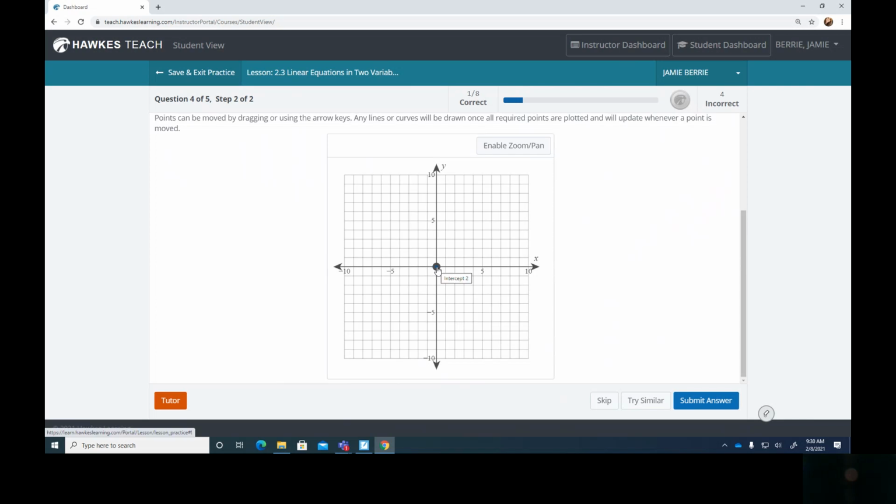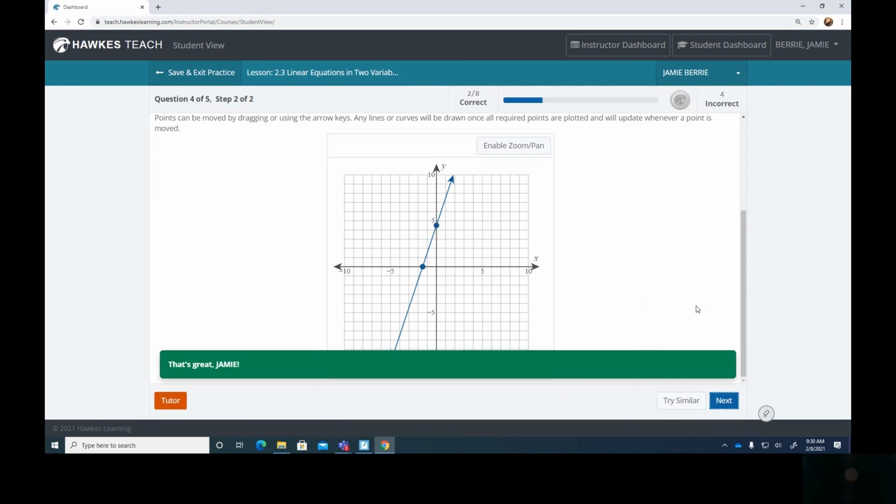All right, so we're going to drag this point over to our x-intercept, which was -3/2. So about right there. And then, what's 9/2 as a decimal? 4.5. That was our y-intercept. So 4.5 would be right there, almost to 5. That was super easy.